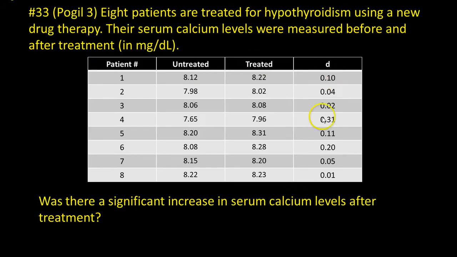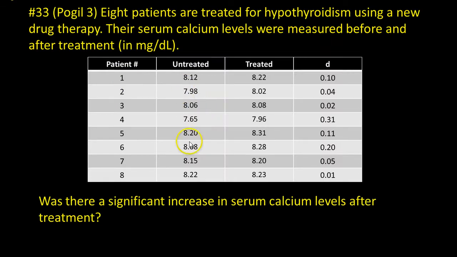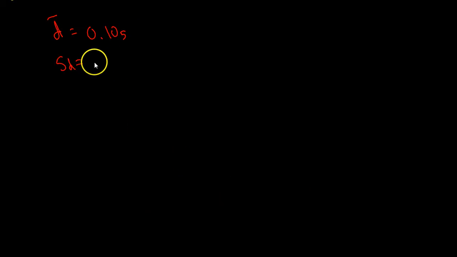So here we go. The average differences, which you just take by averaging all of these guys here. Your average difference ends up being 0.105, and then the standard deviation of those differences. Okay. So you want to make sure that it's not the standard deviation of all these samples, it's just the standard deviation of these differences, and that ends up being 0.10.